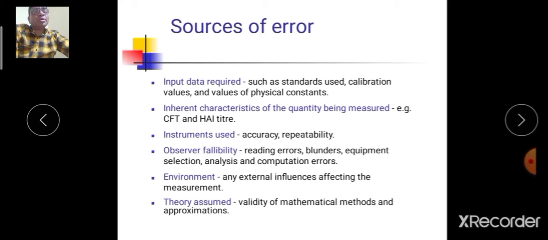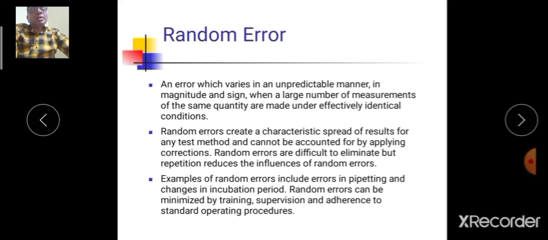These are some sources of error: the environment, the theory assumed, and the instrument used. The first is random error. It creates a characteristic spread of results for any test method and cannot be accounted for by applying corrections.